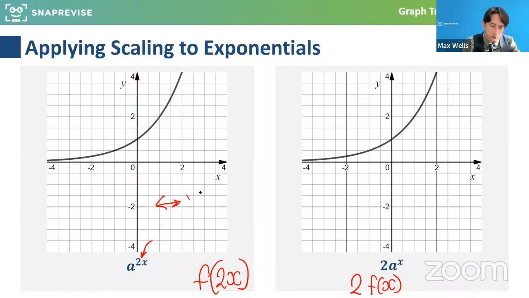So it squashes it by a factor of a half. These points get halved. 0 halved is still 0, but these points get compressed to half the values. So it squashes the graph in horizontally.